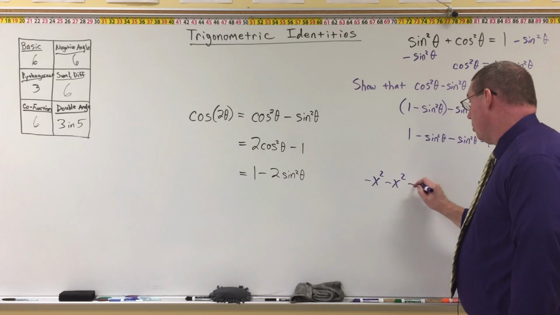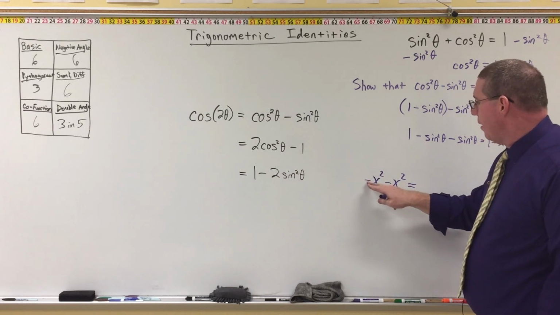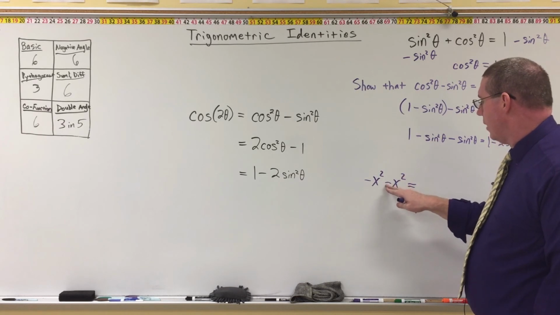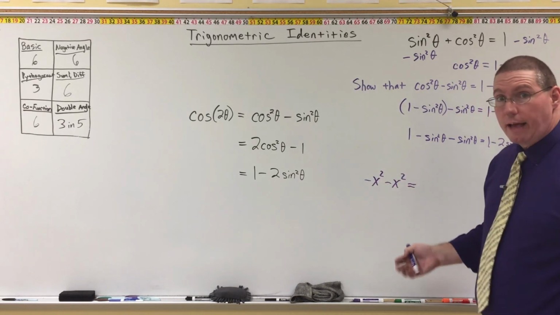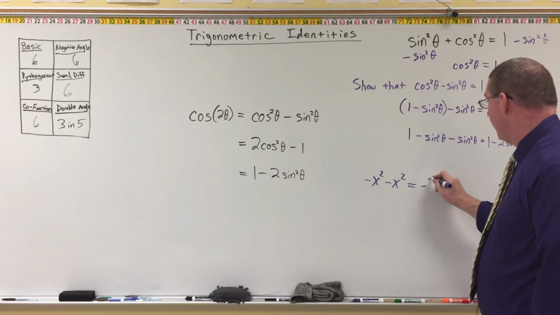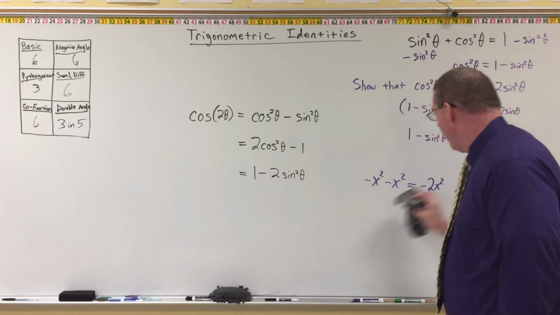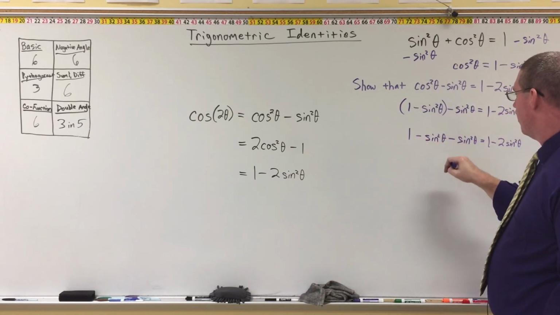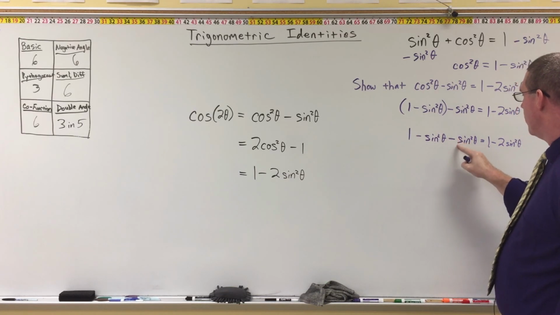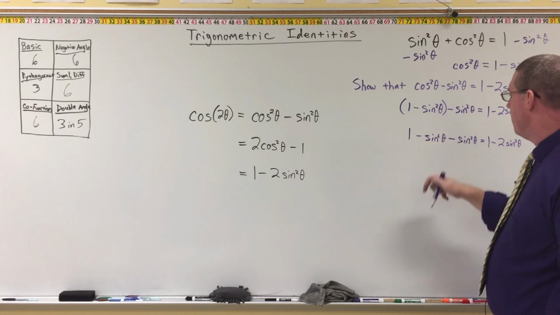Now, you may struggle with this algebraically, or you may not, okay? But this is a negative 1x squared minus 1x squared. And negative 1 minus 1 is negative 2. So this is actually negative 2x squared. In the very same way, what we have here is a negative 1 sine squared of theta minus 1 sine squared of theta. So there's a negative 1 and another minus 1, making it minus 2.